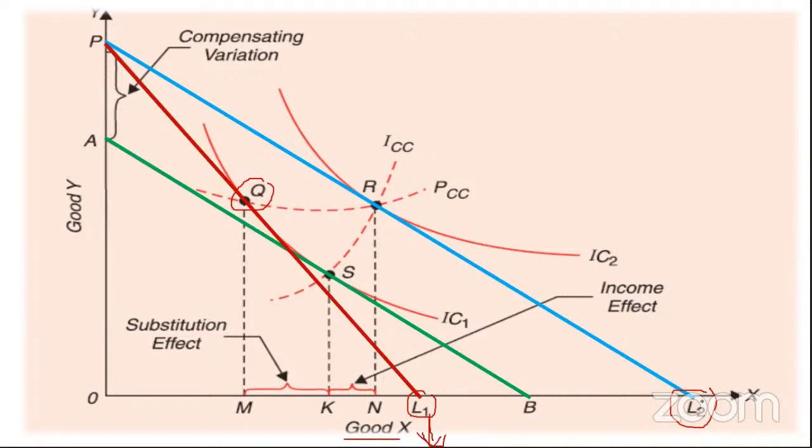Remember, he is capable of purchasing up to the L1 unit, but the consumer will be in equilibrium at the quantity OM only. Here I am taking Z: OZ of good Y and OM of good X, where the consumer is getting some level of maximum satisfaction.